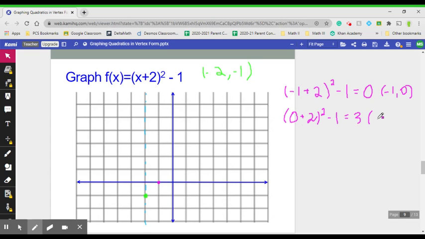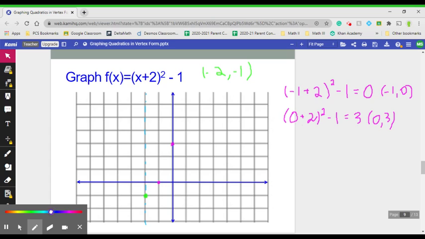And that means I have my y-intercept as (0, 3). (0, 3) is the point I got from that. So (0, 3) would go on our graph right there.